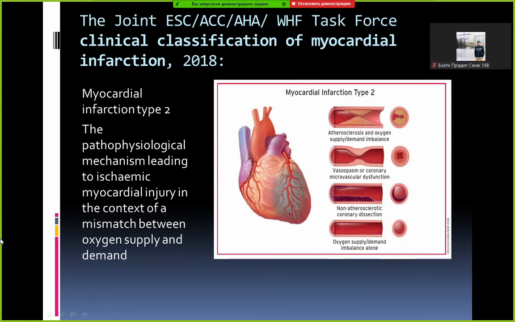Myocardial infarction type 2: pathophysiological mechanism leading to ischemic myocardial injury in the context of mismatch between oxygen supply and oxygen demand due to, for example, non-atherosclerotic coronary dissection, or due to vasospasm, or due to imbalance between oxygen supply and oxygen demand.